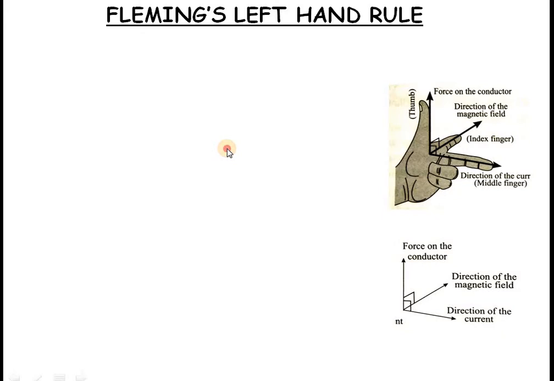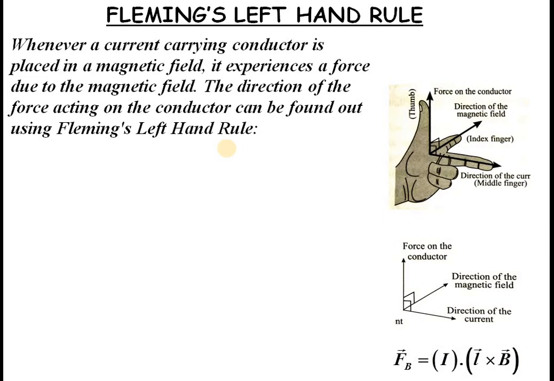If you take the left hand and take your thumb, middle finger and forefinger in three mutually perpendicular directions as shown in the figure. Okay, so this is the pointing finger, the index finger, and this is the middle finger, and this is the thumb. They are kept in mutually perpendicular directions, where your middle finger is in the direction of current and the index finger is in the direction of magnetic field, then obviously the direction of force will be shown to you by the thumb.